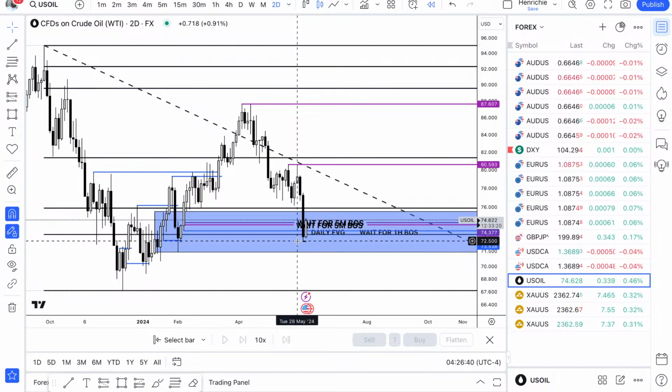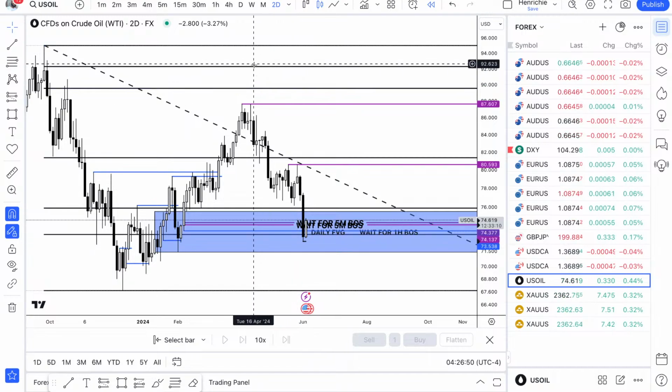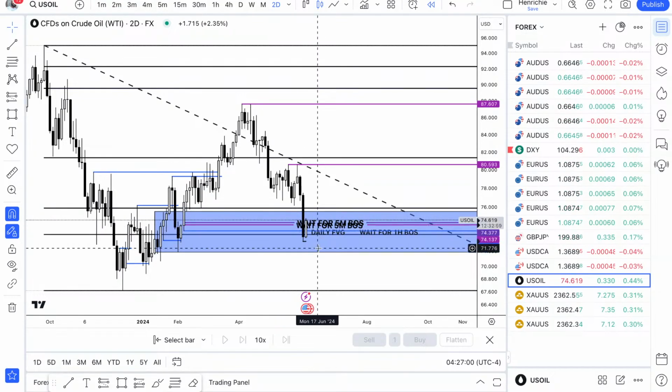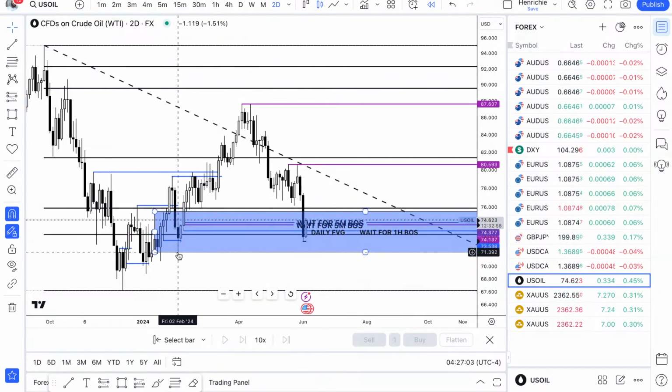I don't really care, because price can be going to the downside on the intraday level and then eventually continue to the upside, because that is the overall market direction. You're looking at this, it's very bullish. So price could potentially be hunting for liquidity, and this could be the liquidity.